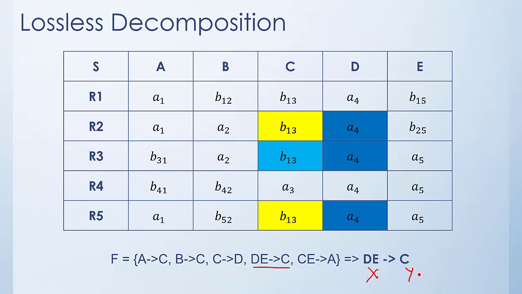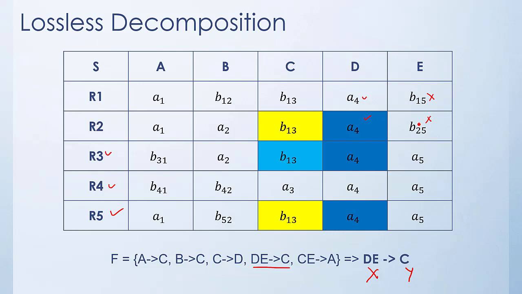You can see that for row 1 and row 2, though the D symbol is the same, the E symbols are not the same. So row 1 and row 2 will not be considered. But in case of row 3, row 4 and row 5, the D symbol is all A4 and the E symbol is all A5.